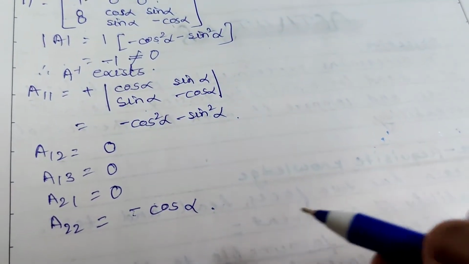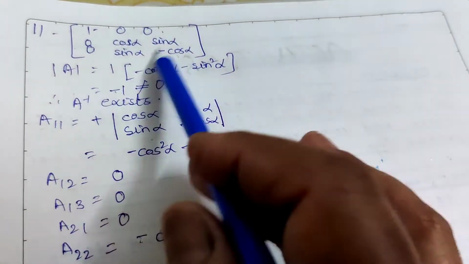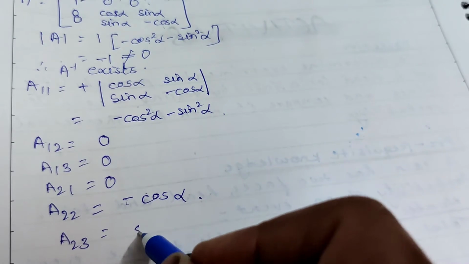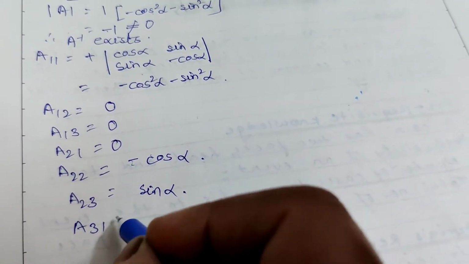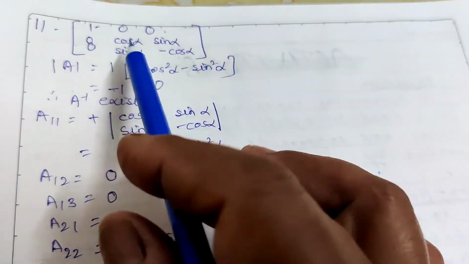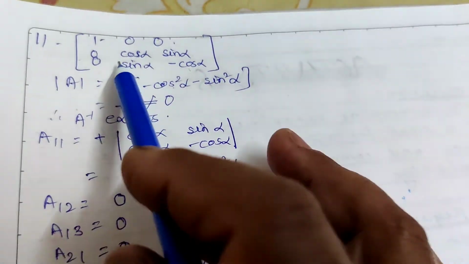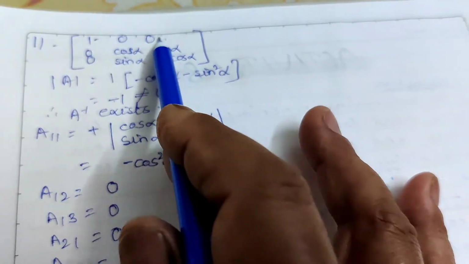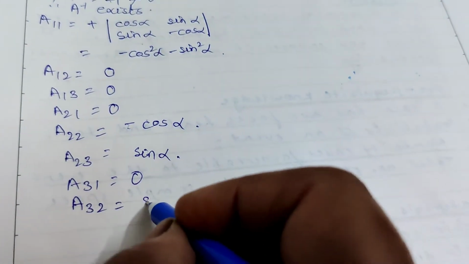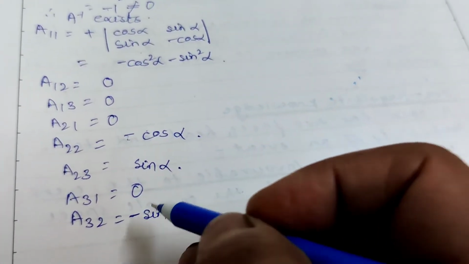And the third one, A23, second row, third column is sin alpha. Now A31, third row, first column, it is 0. A32, third row, second column, it is minus sin alpha because 3 2 minus sin alpha.